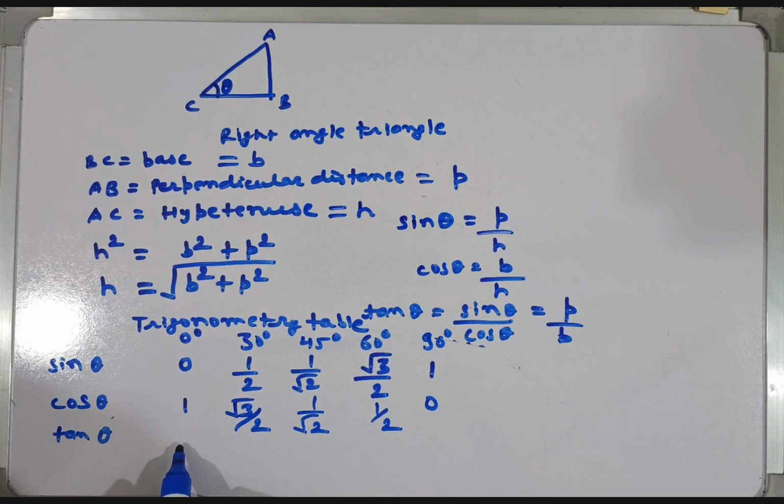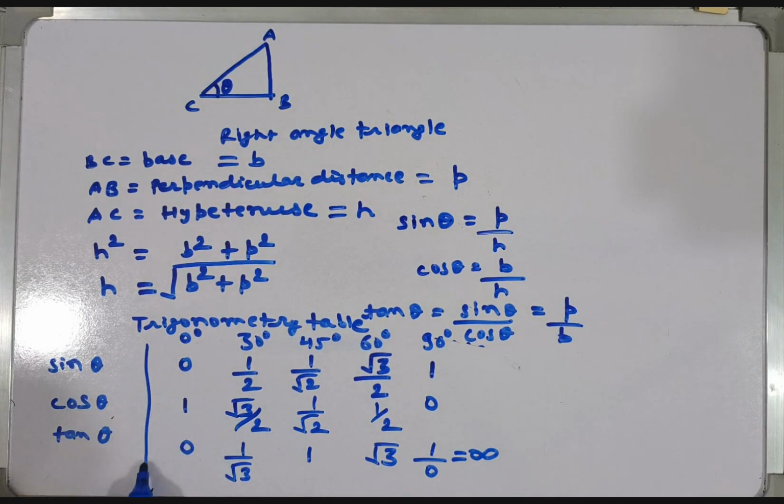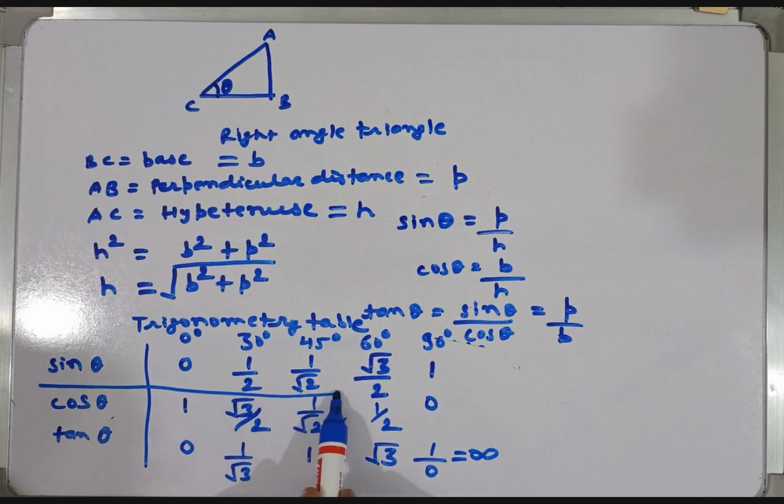So 0 by 1 equals 0, then 1 by root 3, then 1, then root 3, and then 1 by 0, whose value is infinity.